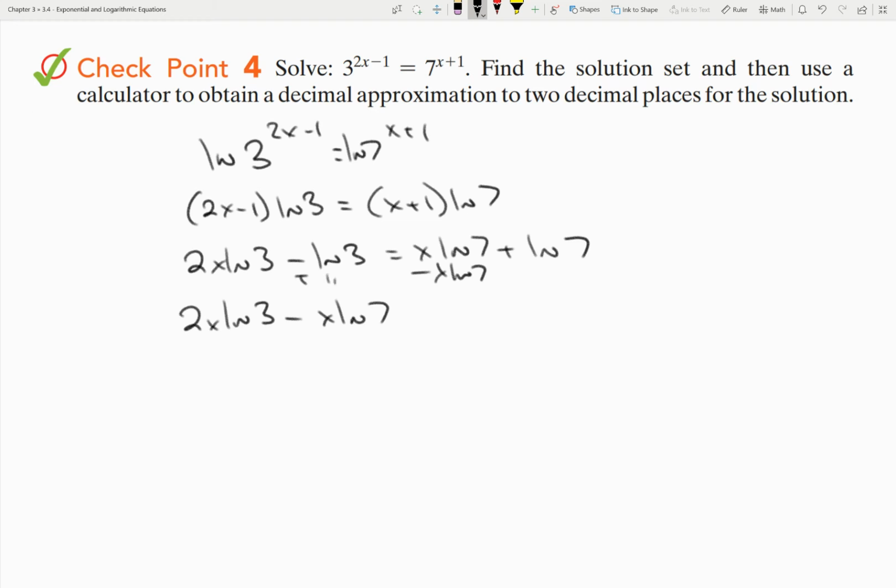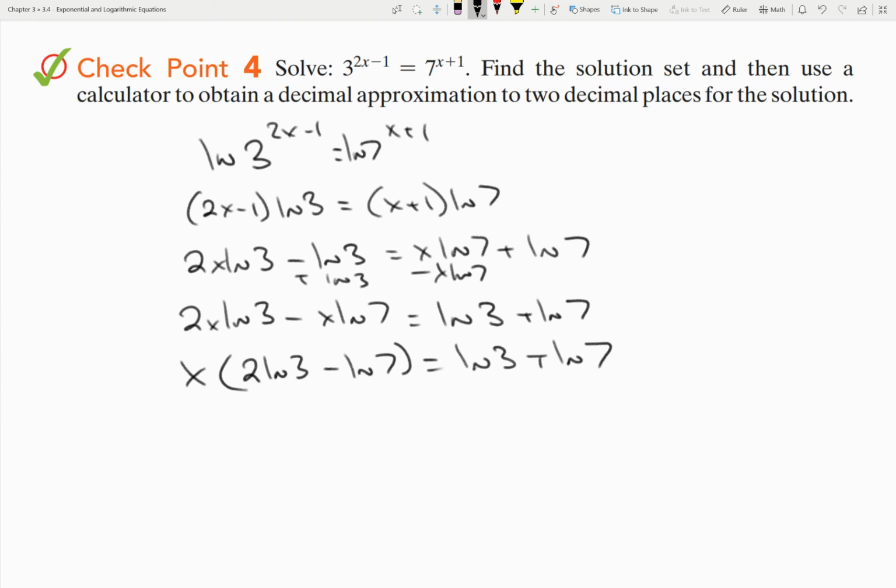I'm going to add the natural log of 3 to the left side and to the right side. Oops, that's a 7. And then factor out the x. 2 natural log 3 minus the natural log of 7 is equal to the natural log of 3 plus the natural log of 7.